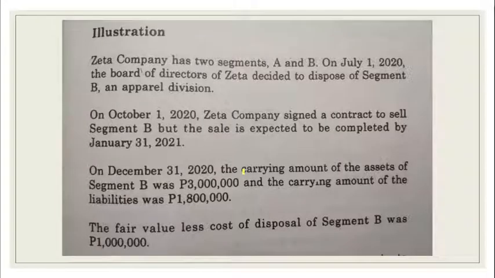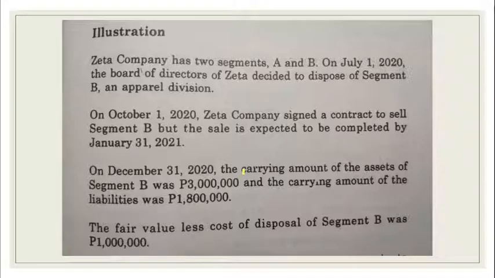Okay. Zeta Company has two segments, A and B. On October 1, Zeta signed a contract to sell segment B, but the sale is expected to be completed by December 31, 2021. Now, on December 31, 2020, the carrying amount of the assets of segment B was 3 million and the carrying amount of liabilities was 1.8 million.